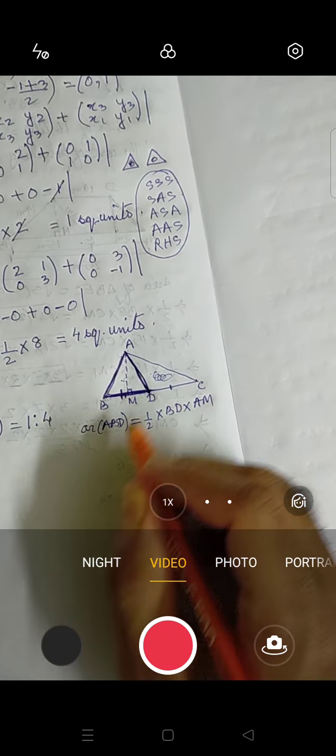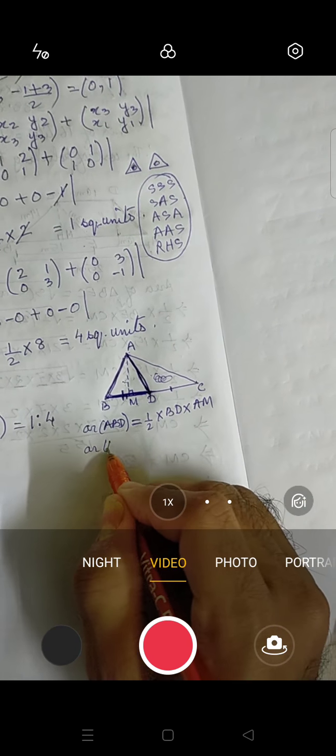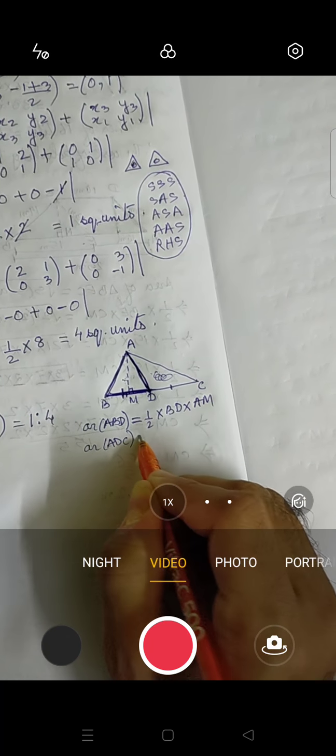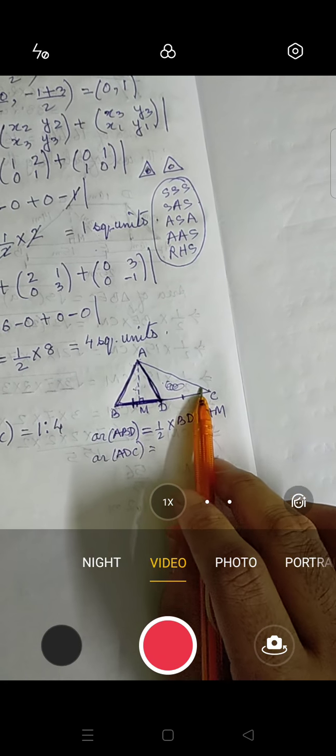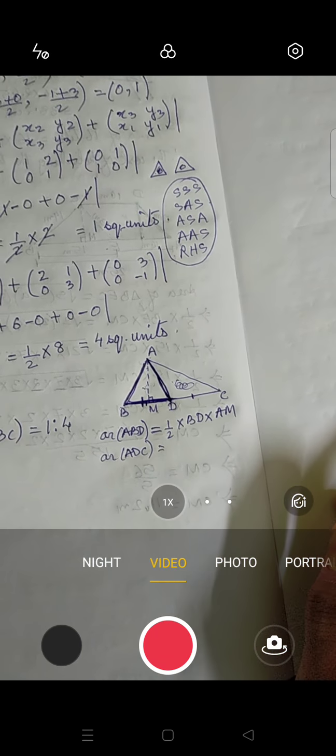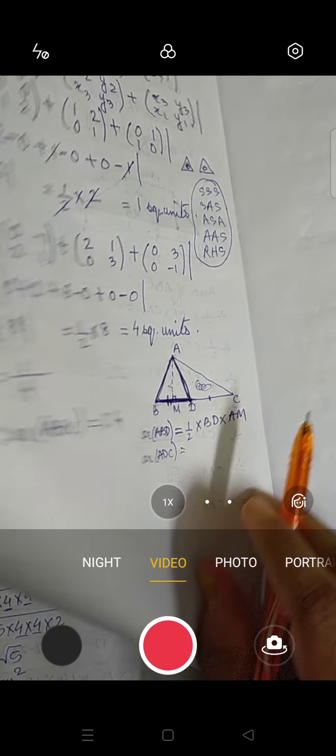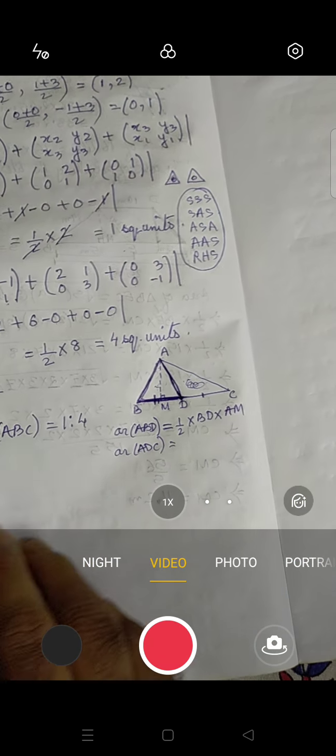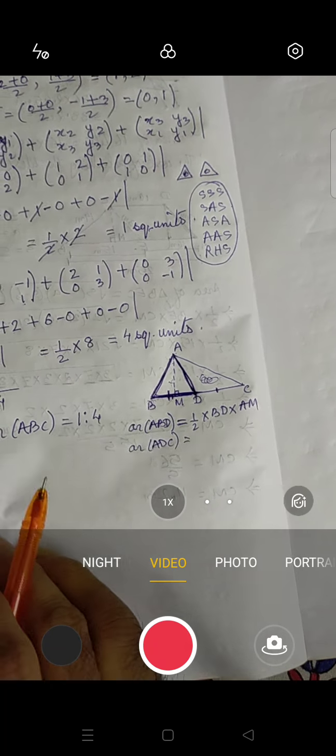So I am taking this triangle, area ADC. Now in this triangle, I am considering this as base. Remember that it is not necessary that the height of a triangle will always fall inside the triangle.